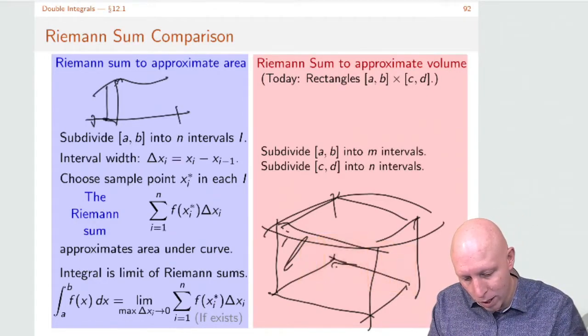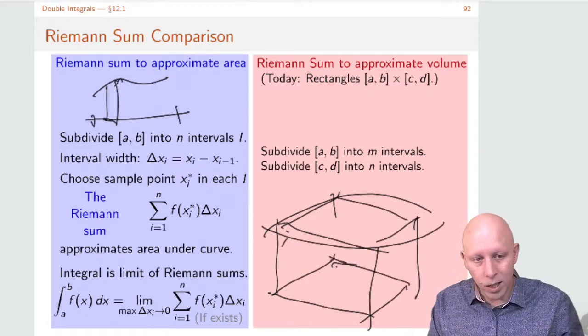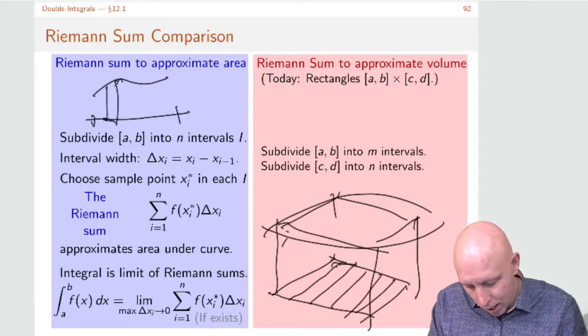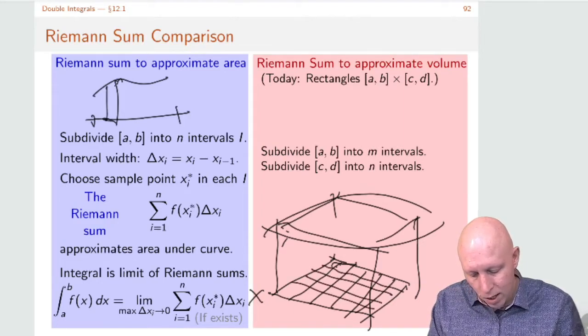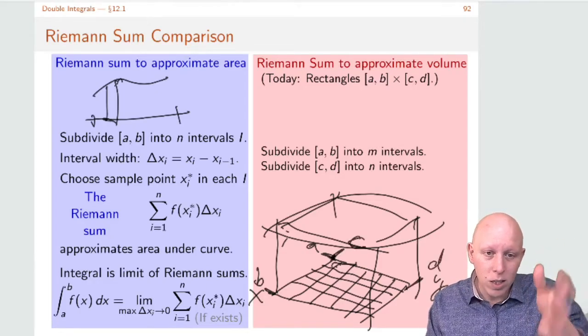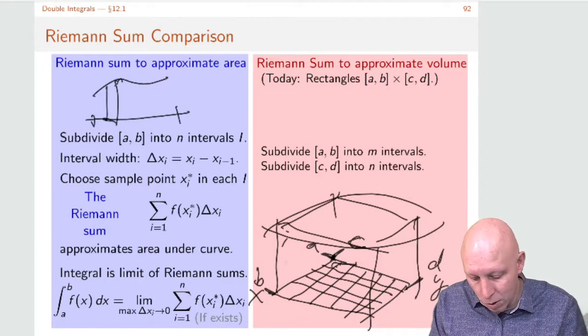The way we go about approximating that is just like we did before. We divide this into rectangles. Now, this is the x-axis, so we divide the x-axis into a bunch of slices. We divide the y-axis, the y-interval here, so if x is going from A to B, and y is going from C to D, we chop each of those pieces into some number of intervals.